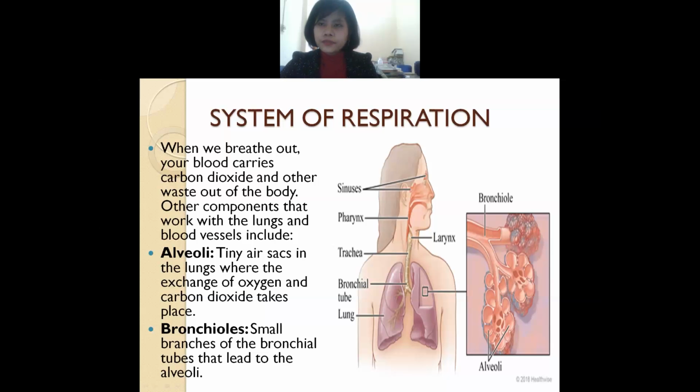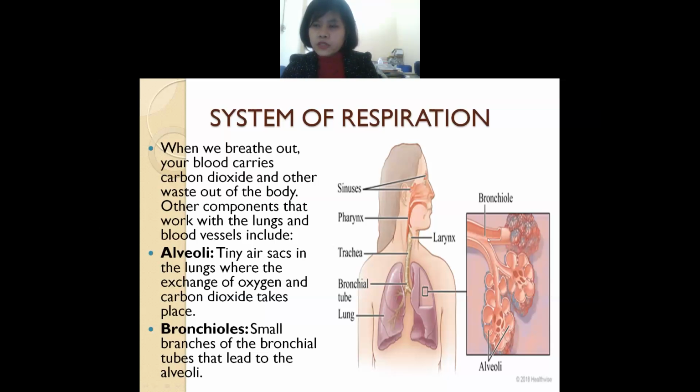And what usually occurs in these alveoli? You can also see that these alveoli are like grapes. They are small, and you will find them all together in clusters, like tiny small sacs. Here in the alveoli there is exchange of gas, that is, oxygen and carbon dioxide.